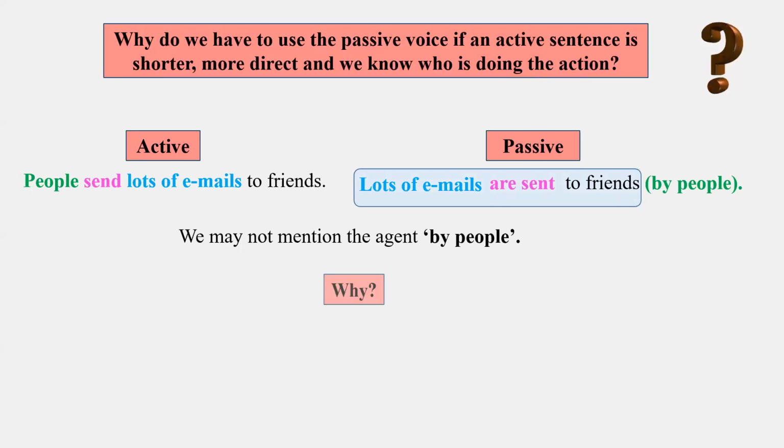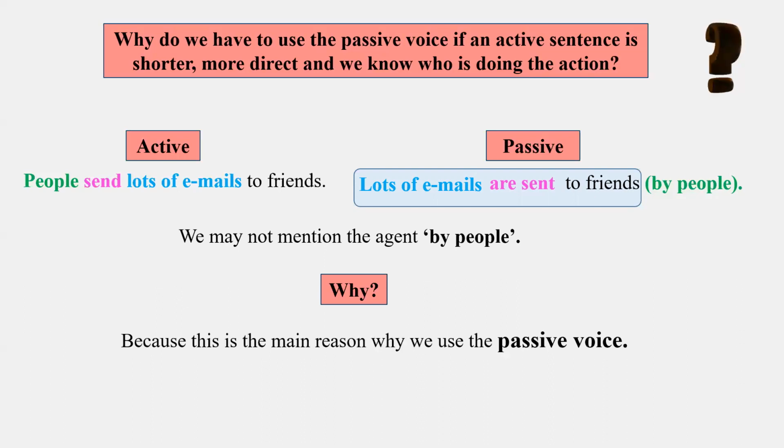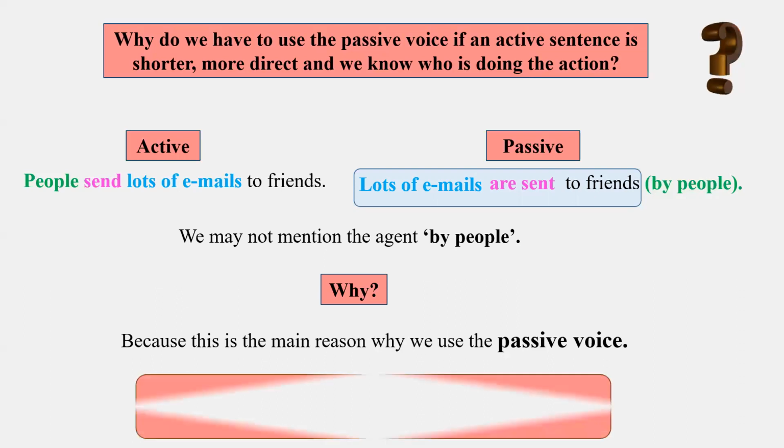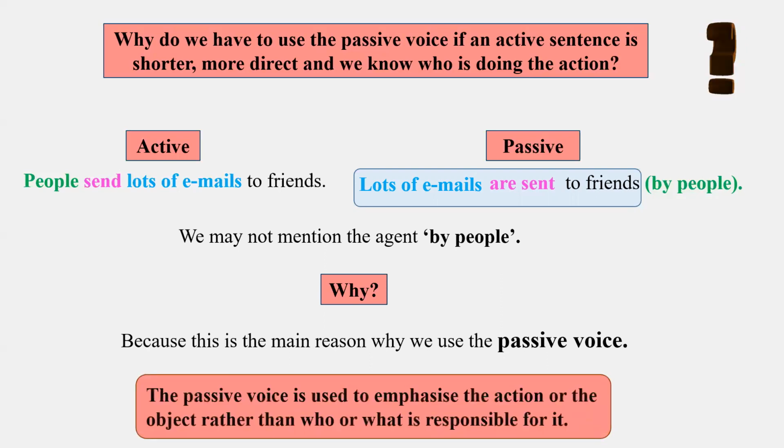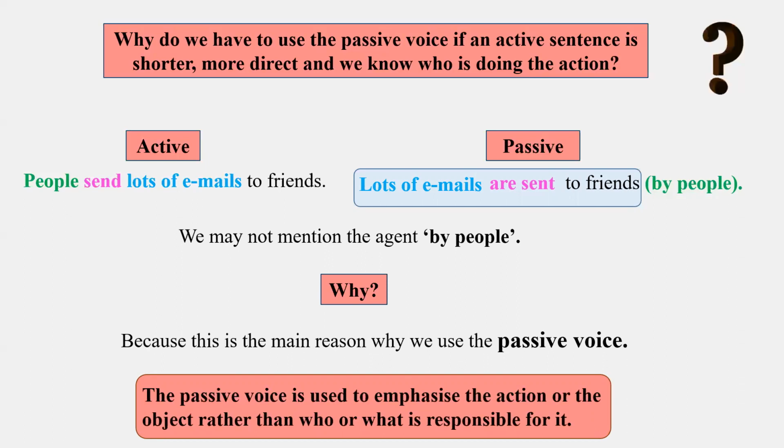Why not mention the agent here? Well, I will tell you, because this is the main reason why we use the passive voice. The passive voice is used to emphasize the action or the object rather than who or what is responsible for it.